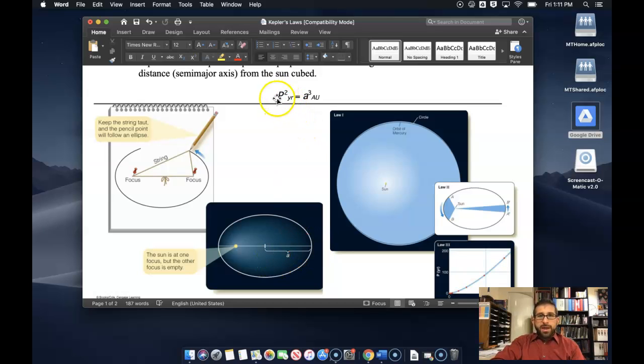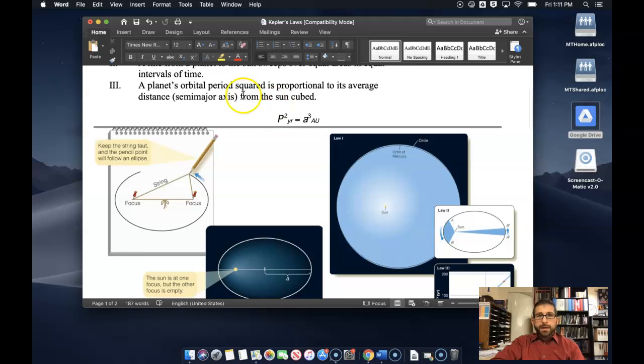So the period, P squared, is in years. The semi-major axis cubed is in astronomical units. Now remember, the astronomical unit is the average distance between the Earth and the Sun.